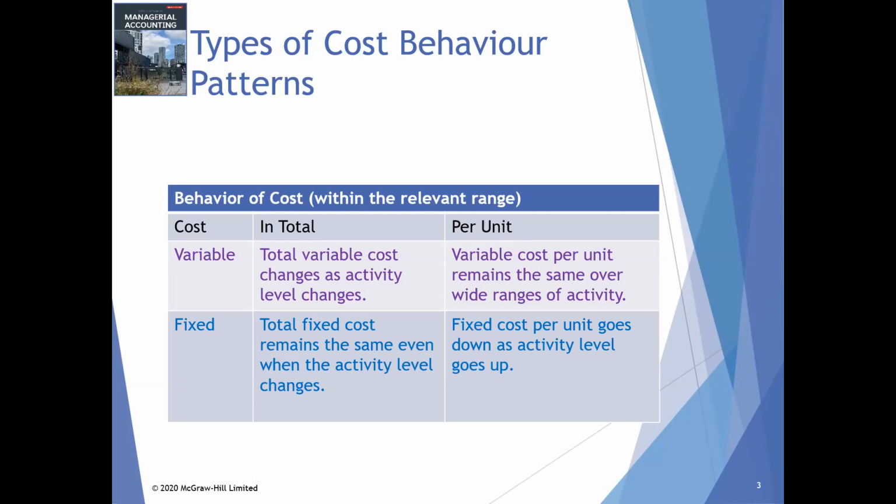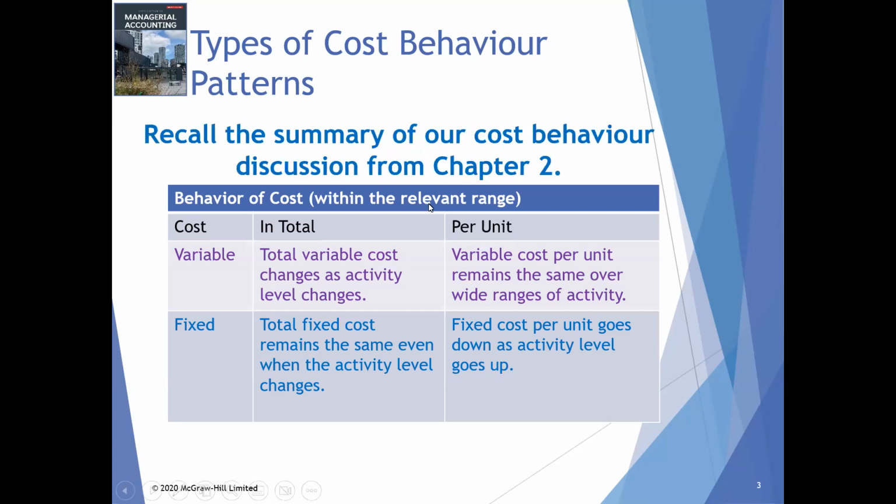For example, if employees are given a fixed salary, that also will remain the same. But fixed cost per unit goes down as activity level goes up. This is what we have covered in the previous chapters.